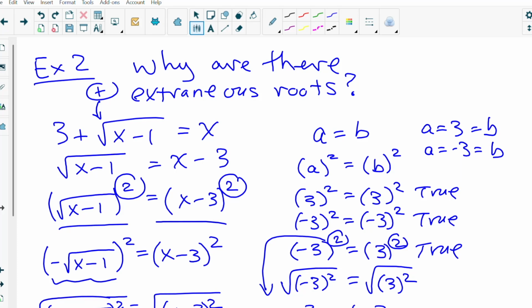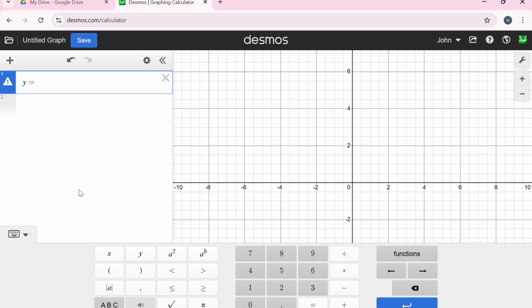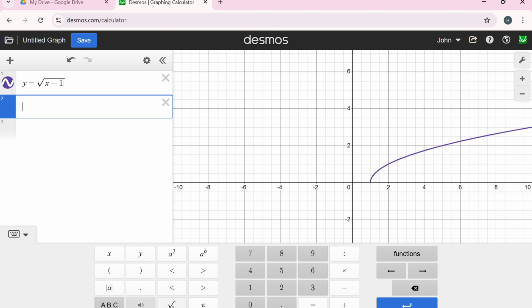Let me hop on over to Desmos and show you graphically, and it'll make a lot more sense. Hey folks, over at Desmos. So remember we had example 2, the equation is 3 plus square root of x minus 1 equals x. So we split that up into y equals square root of x minus 1 and y equals x minus 3.